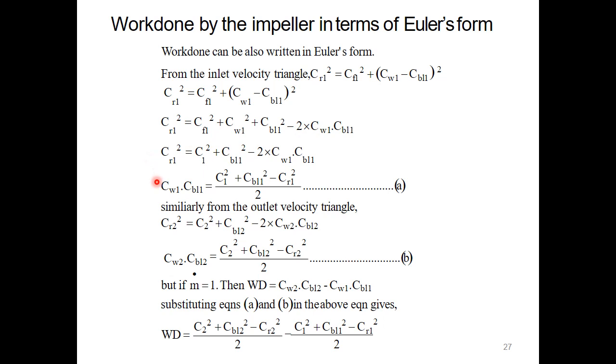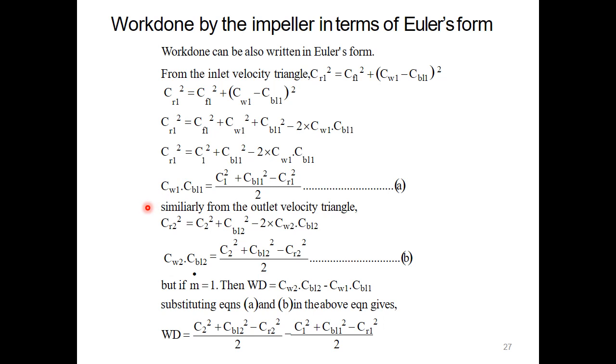Now rearranging the same equation, we will get equation number A, that is Cw1 Cbl1 equal to C1 square plus Cbl1 square minus Cr1 square, the whole divided by 2.